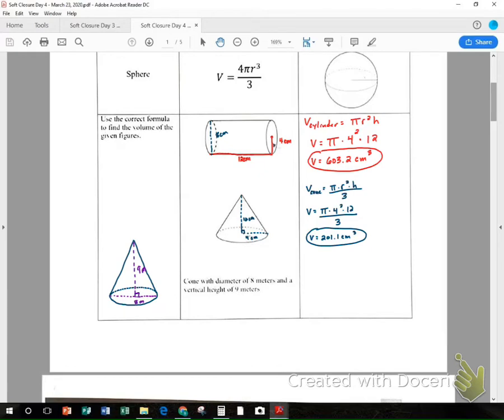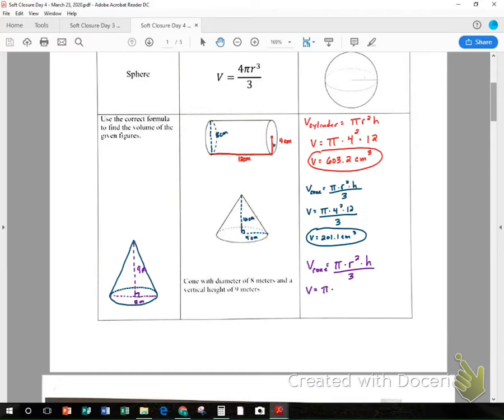So, again, volume of a cone is pi times the radius squared times the height. It's a cone, so we have to divide by 3. Yeah? So volume equals pi times radius squared.